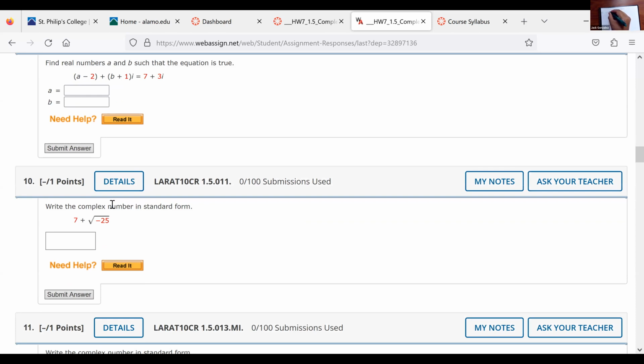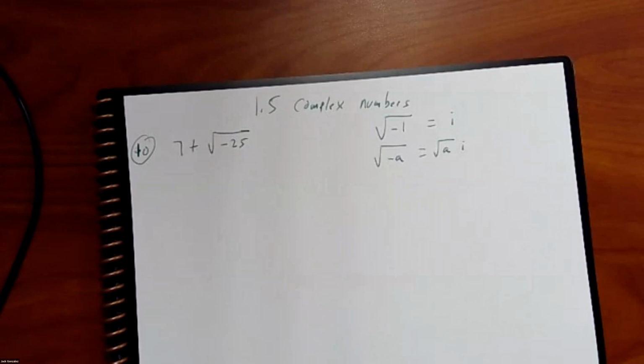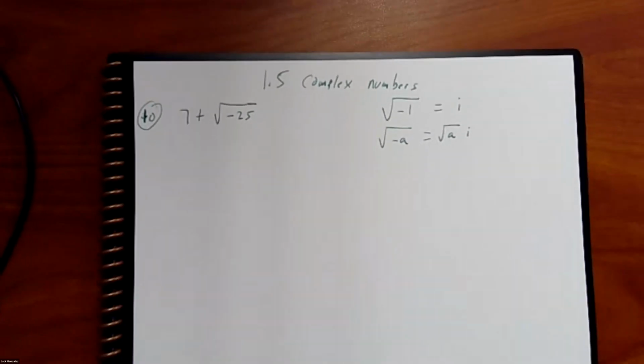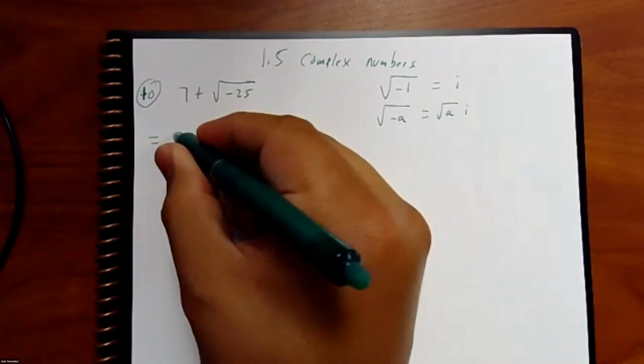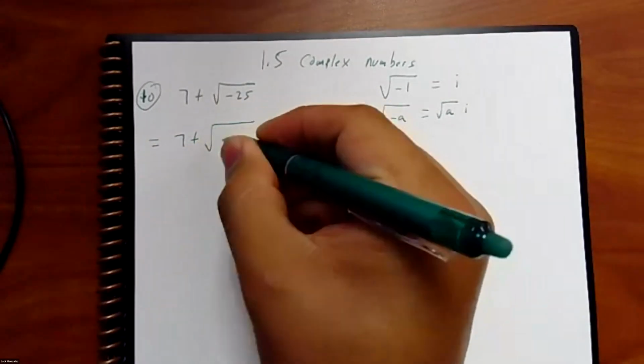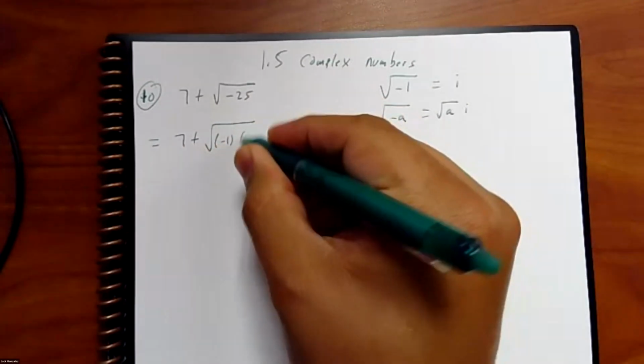7 plus the square root of -25. So remember the rule: the square root of -1 is equal to i, or the square root of -a is equal to the square root of a and then the i to the side. Let me switch back. Basically, the way you can think about it is that you have a -1 times the 25.